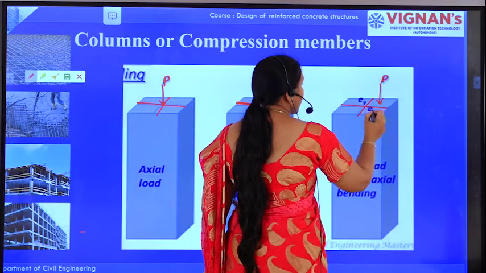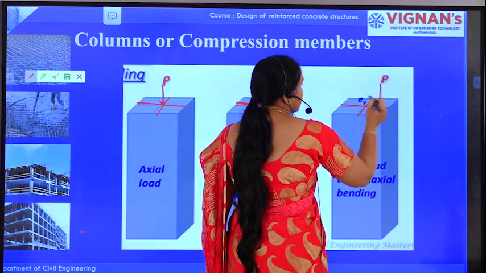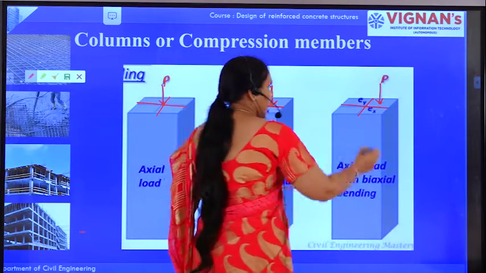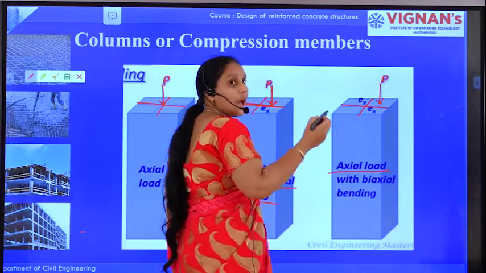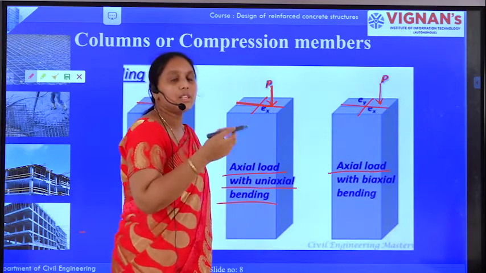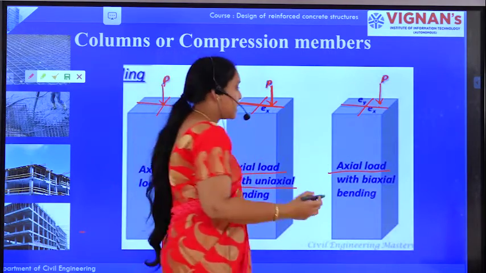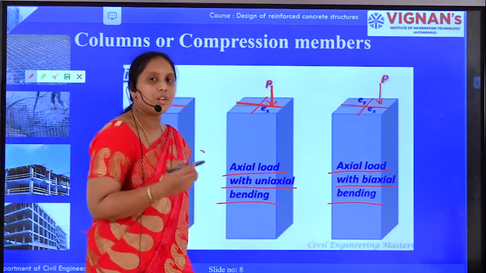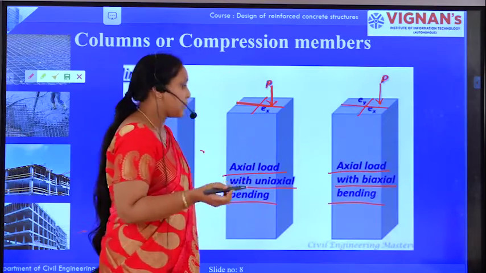So there is an eccentricity Ex as well as Ey. Such types of columns have an axial load as well as biaxial bending, that is, there is bending in both directions. Such columns are called axially loaded columns with biaxial bending.